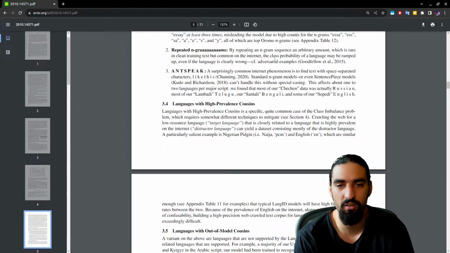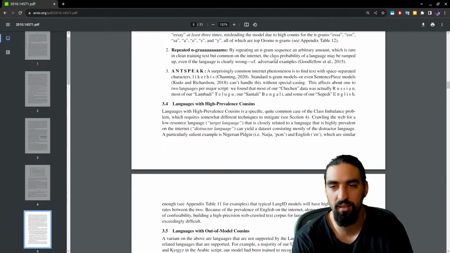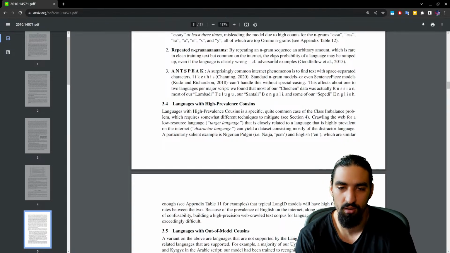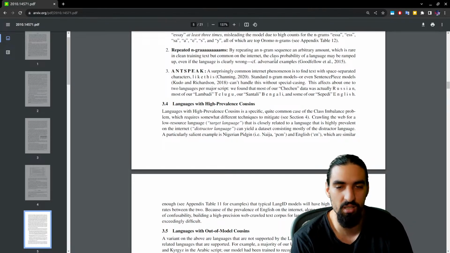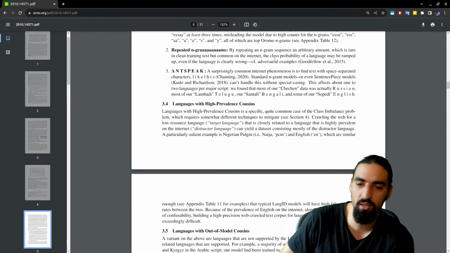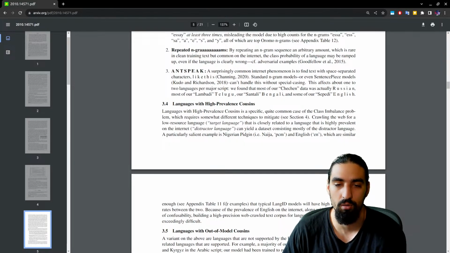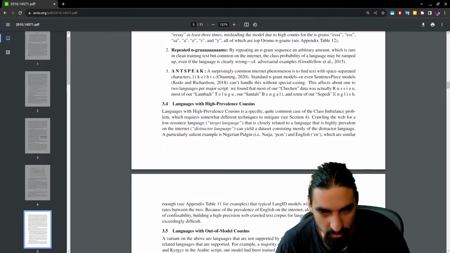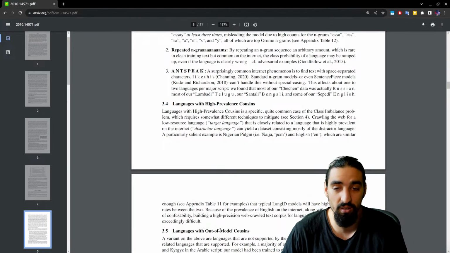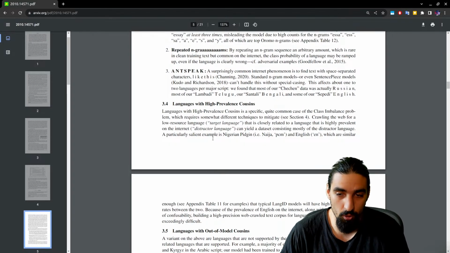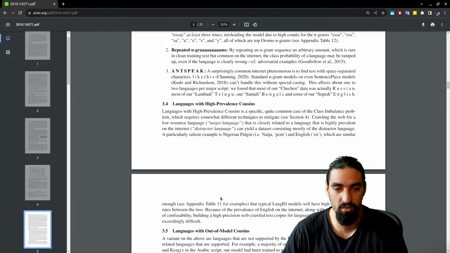A particularly salient example is Nigerian Pidgin and English, which are similar enough. The typical LangID models will have high false positive rates between the two. Because of the prevalence of English, along with its high degree of confusability, building a high precision web crawled text corpus for languages like Nigerian Pidgin is exceedingly difficult.